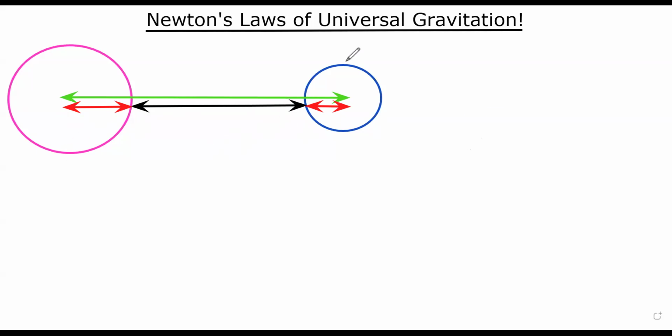So we simply say, okay, fine. The gravitational force between these two is going to be equal to G m1 m2 divided by r squared. You can say r squared or you can say d squared. I think in this case it's appropriate to say d squared, but it doesn't matter at all.